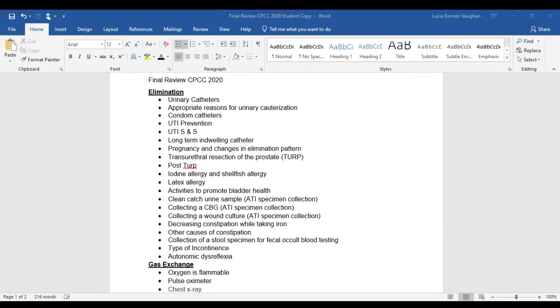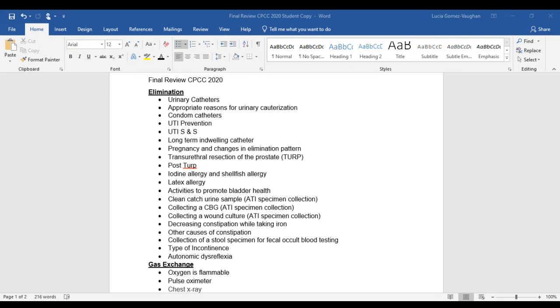And again, it's a sterile procedure, and if at any time your catheter becomes contaminated, you need to get a new catheter. We need to know the appropriate reasons for urinary catheterization. So we want to catheterize, of course we need an order, but reasons that we're going to put in a catheter as a nurse are urinary retention, a critical illness where you're going to need close hemodynamic monitoring, like you need to know very specific I's and O's, you will see a catheter in that situation, or if somebody's going into surgery.